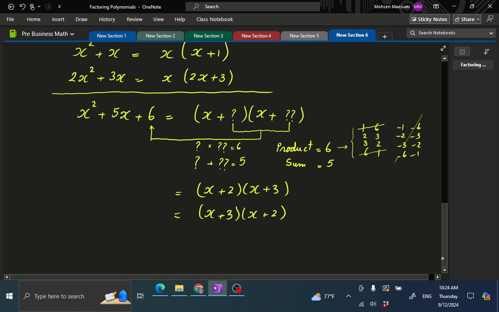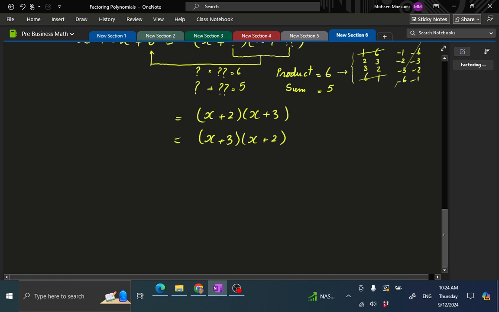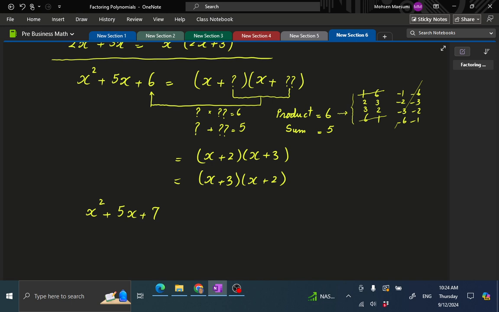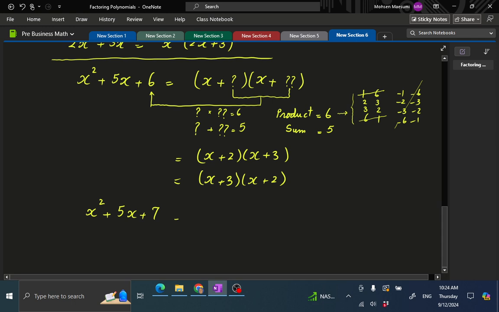Would this method always work? Well, unfortunately, no, it doesn't always work, because there could be a case where there are no whole numbers that fit your requirement. Suppose I have x squared plus 5x plus 7, and the question was, how would you factor it?